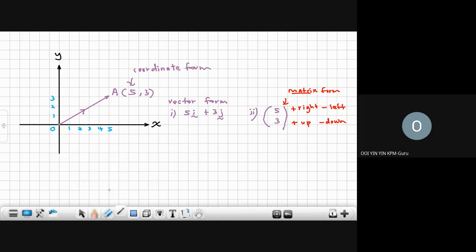I start with the easiest one, for your better understanding. Let's say I take a horizontal vector instead of a slanting line. Let's say this is your so-called vector.